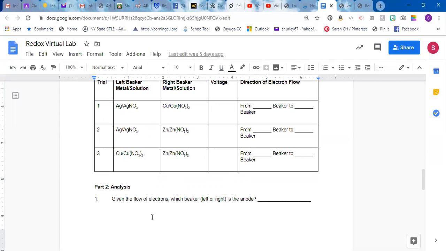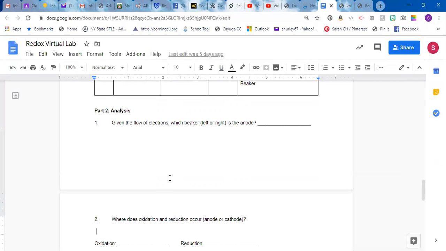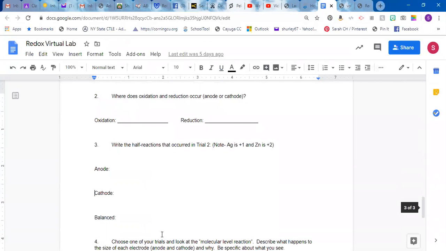Okay, so in the analysis, given the flow of electrons, which beaker, the left one or the right one, is the anode? So you should look at the direction of the electron flow to figure that out. And number 2, where does oxidation occur, at the anode or cathode? And then number 3 might be tricky. You're going to write the half reaction that occurred in trial 2.